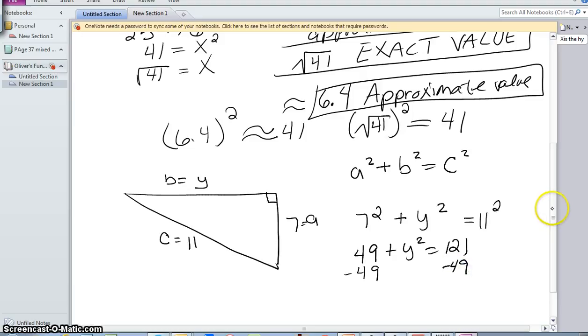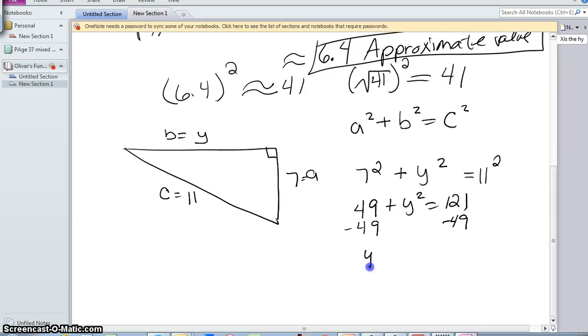So the important part here is the setup. You already know how to solve simple equations. 121 minus 49 is 72. Taking the square roots of both sides, we're left that y equals positive or negative square root of 72.